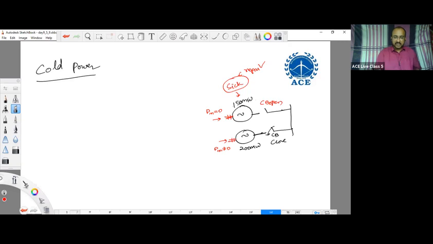So the power rating of this generator is known as cold power. How can you define cold power?